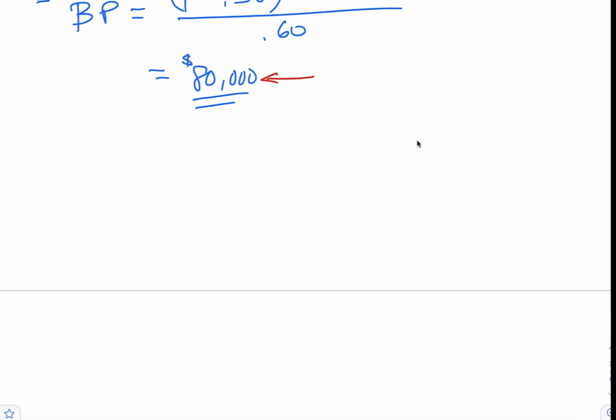So that $80,000 represents the change in the firm's total capital structure as a result of adding retained earnings, just doing its normal business. When a firm has operations and it's profitable, it adds to its retained earnings typically. And when it does that, it increases the equity of the firm.